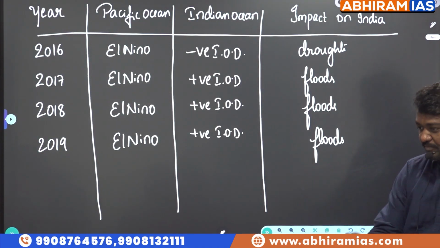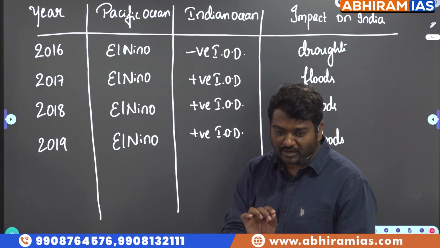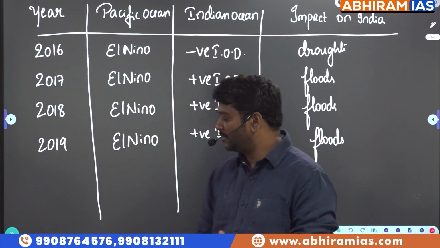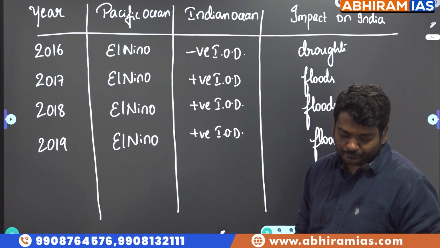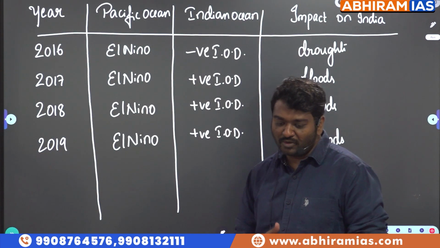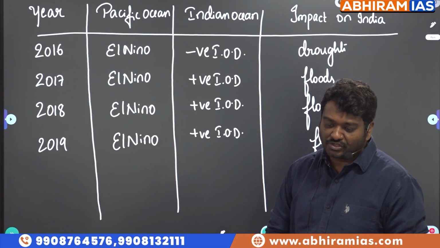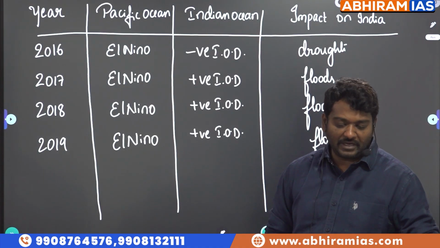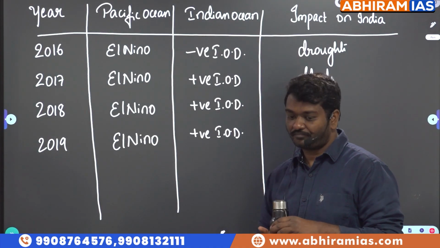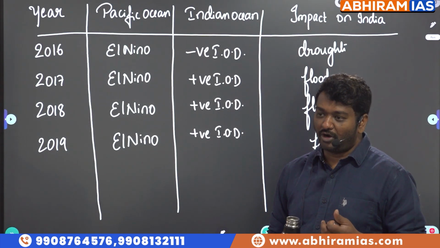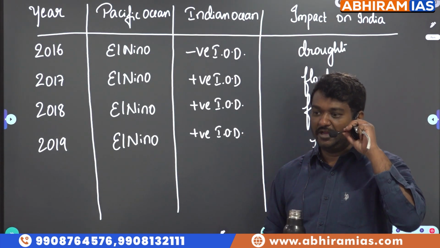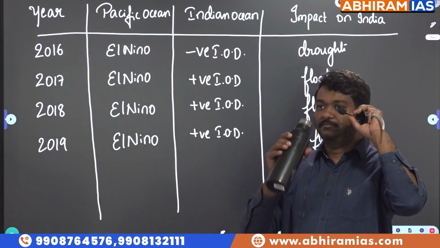Worst case. You write below. Every line is important. Mark as important. El Nino normally leads to droughts in India. Droughts in India. In brackets, not always.